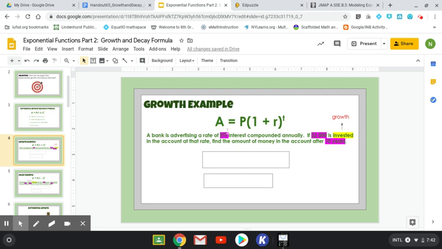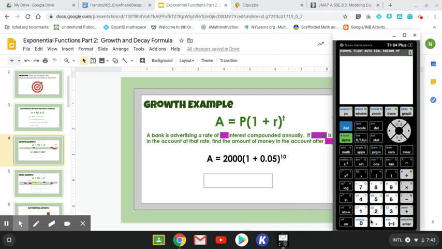So our rate is 5%. We need to turn it to a decimal. To make it a decimal, we move it twice to the left. 2,000 is our P because that's our starting amount, and 10 years is our T. So all we're going to do is substitute it into the formula as I did right here: 2,000 parentheses 1 plus 0.05 close raised to the 10th power.